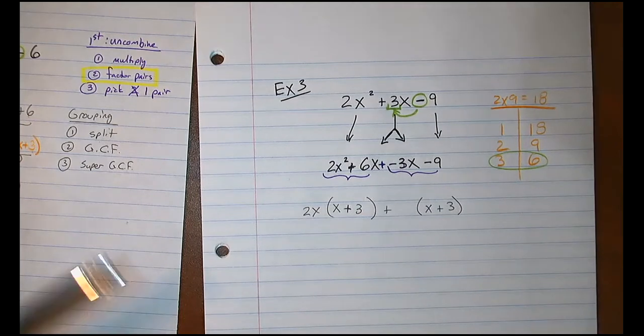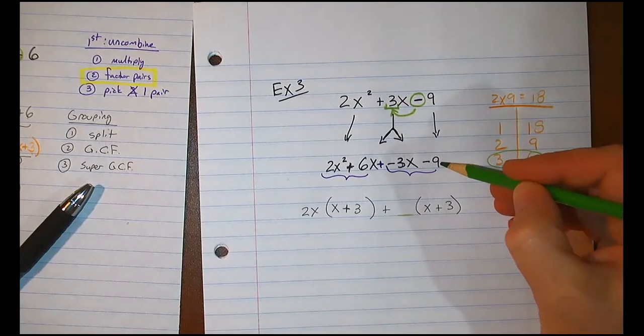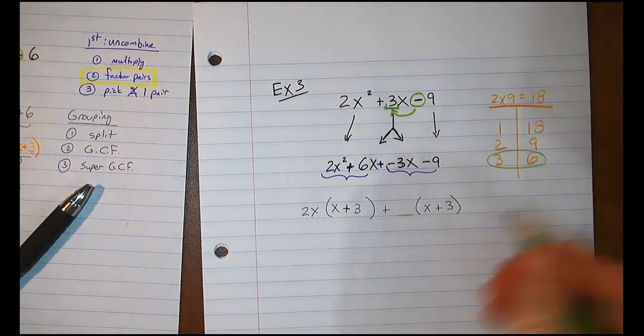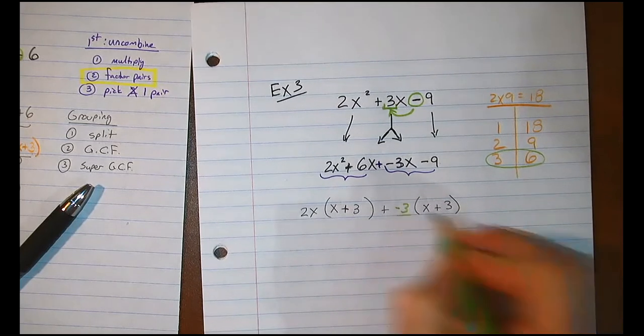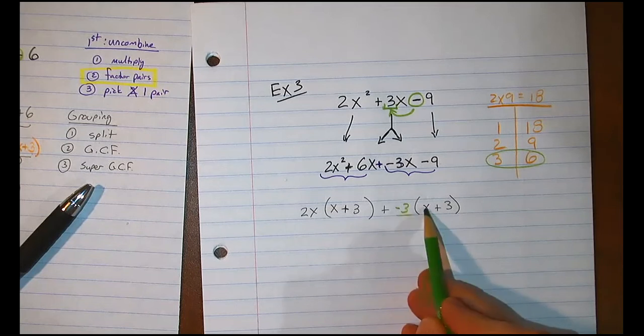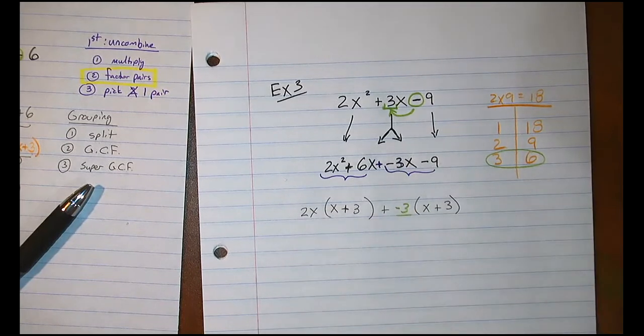And then to figure out what goes out in front here, I'm just going to divide. Negative 9 divided by positive 3 is equal to a negative 3. And now I can check and make sure, if I distribute a negative 3, do I get the right answer? And I do. So negative 3 is the correct number to put there.